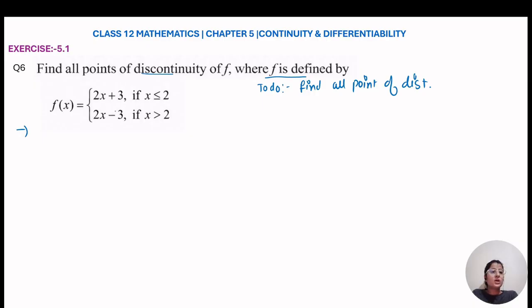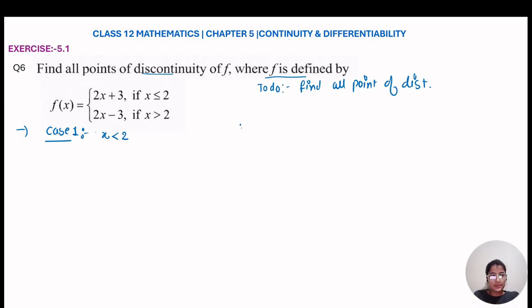Okay, so whenever your function is splitting at a particular point, where for less than that you have one function and for greater than that you have a different function, always use this method that I will show you. That is, always divide into three cases. Case 1 is when x is strictly less than 2.